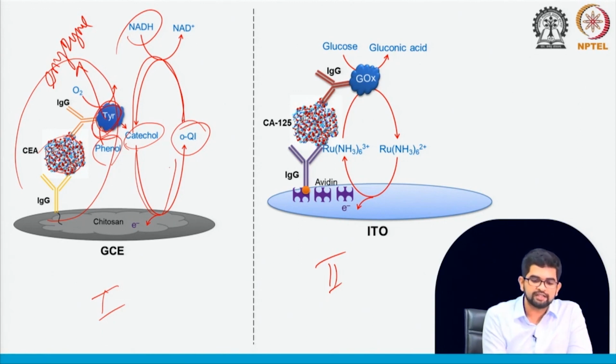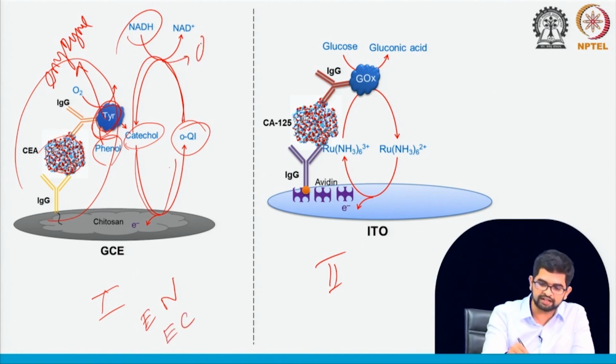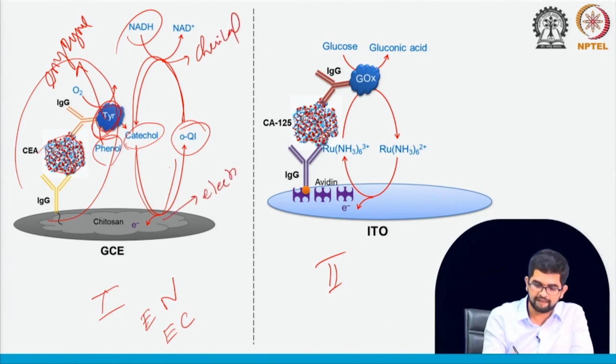As I mentioned, there is EN redox cycling and EC redox cycling, these two redox cycling. See, this one is a chemical reaction, and here electrochemical. So here electrochemical E, this is chemical C, and this is the enzyme.